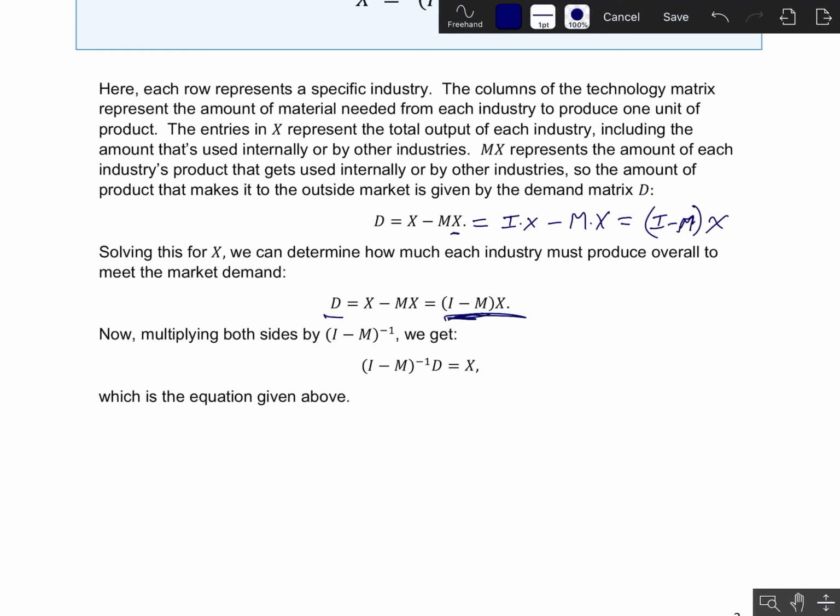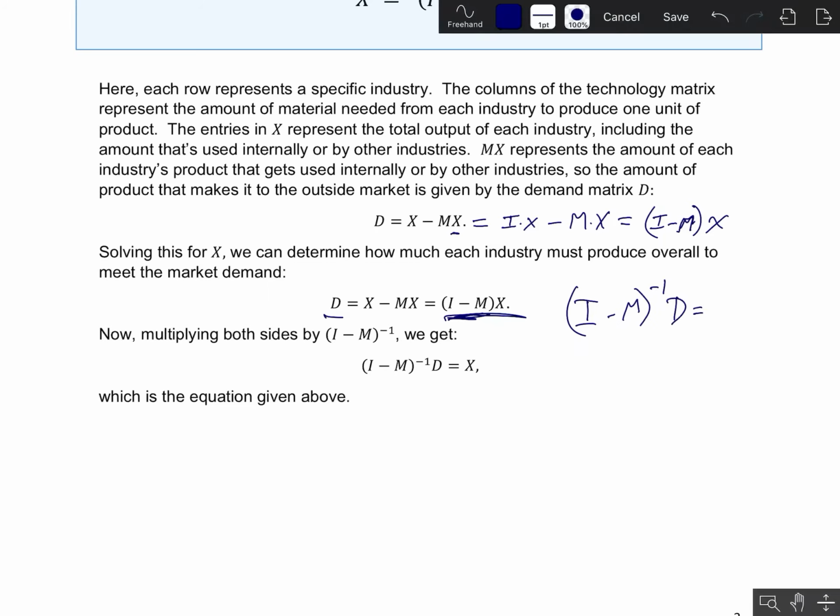And now we want to essentially divide by I minus M. Remember that I is the n by n identity matrix. We want to divide both sides by that, but remember that matrix multiplication is a little bit finicky. It cares about which order you multiply things in. So what we would actually do is we would multiply both sides of this equation on the left by I minus M inverse.